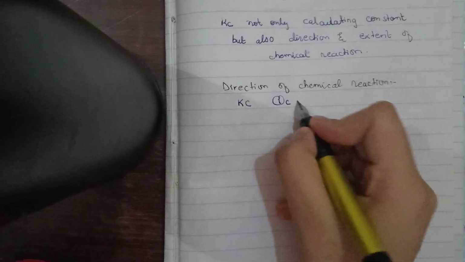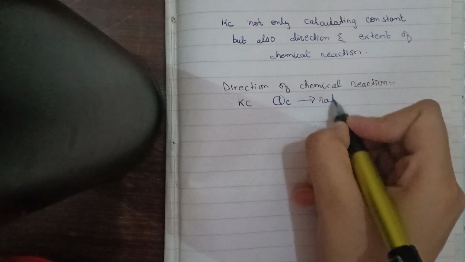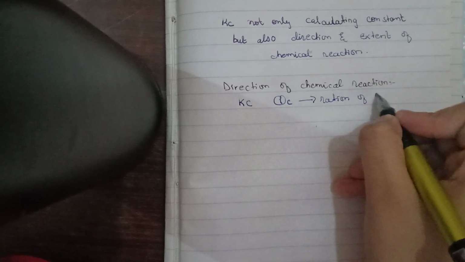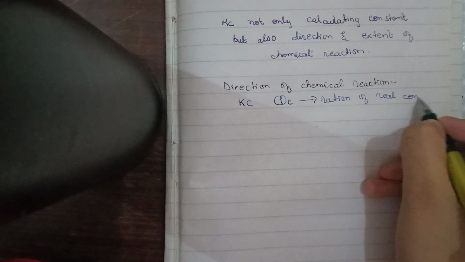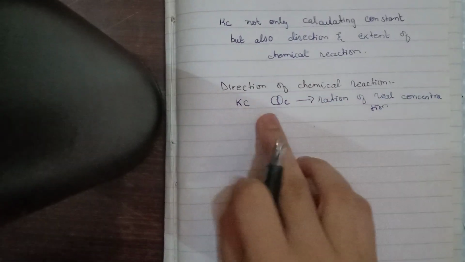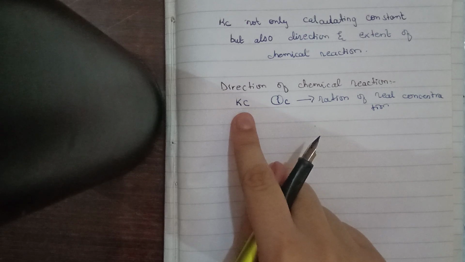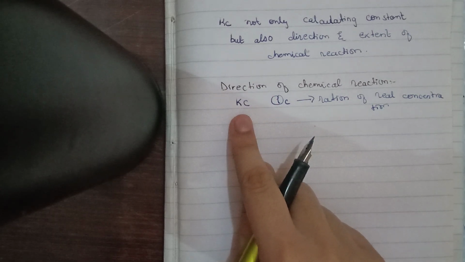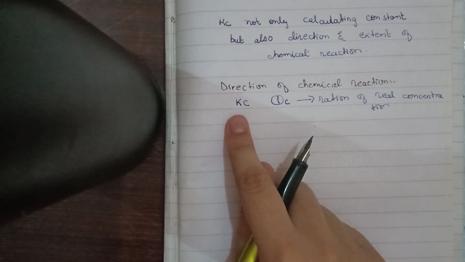Now what is this Kc? It is basically the ratio of equilibrium concentrations. Don't mix them up. Kc was the equilibrium constant, showing us the ratio of equilibrium terms.